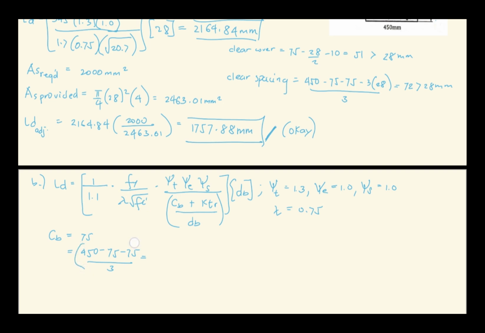By the way, this is divided by 2. We'll utilize this value, being the lesser, in the computation.